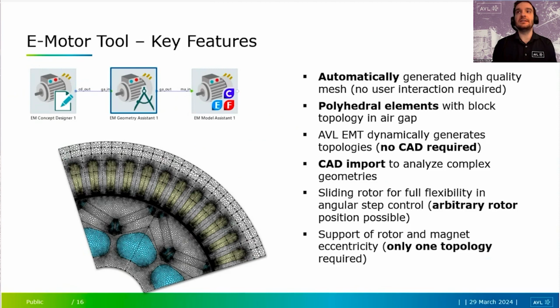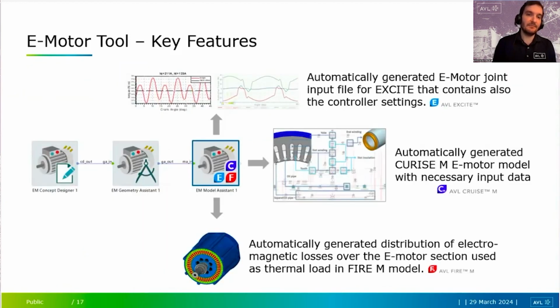So it's quite user-friendly, especially if you don't have that CFD domain experience. You likely don't really understand the differences between polyhedral meshes or tetrahedral meshes, and prism layers and things like that. So the next and final step is the EM model assistant.